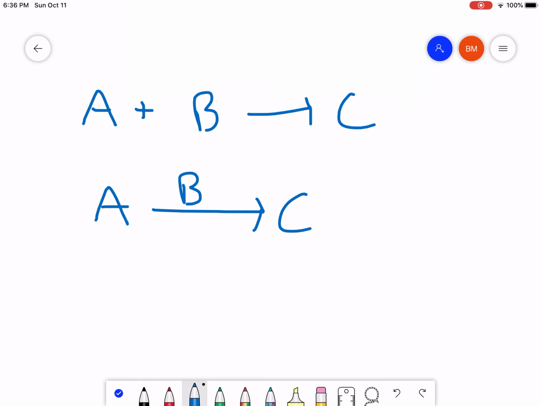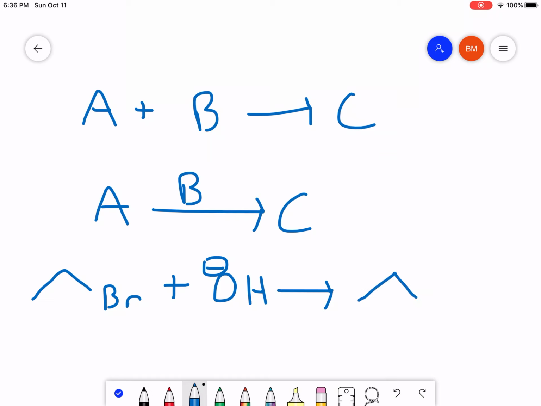Okay? So for example, if we wanted to see this in a real life reaction, let's say we had something like this, right? We're going to react it with OH minus to give you this plus this. Okay? That's how you would write it sort of Gen Chem style.